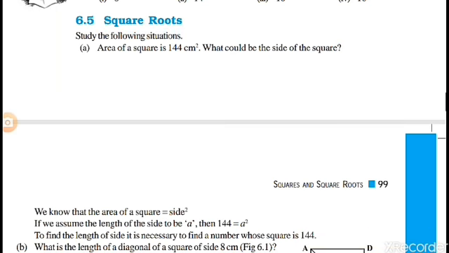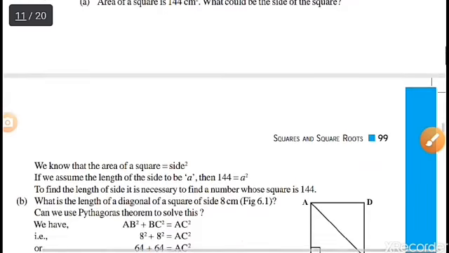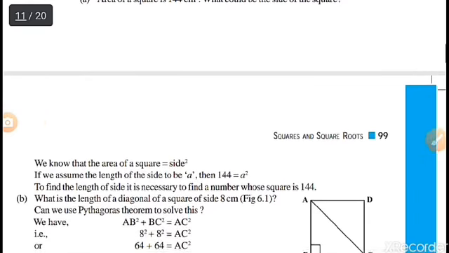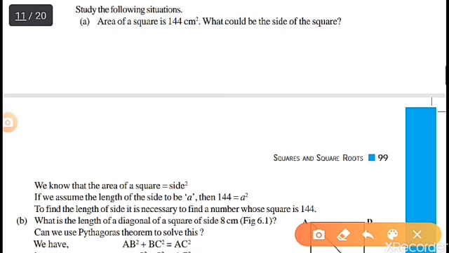So what is the importance of finding the square root? Here the first example: the area of a square is 144 centimeter square. What could be its side?